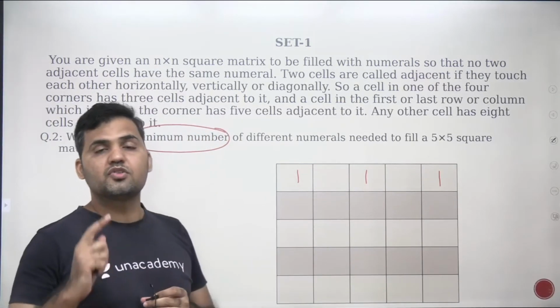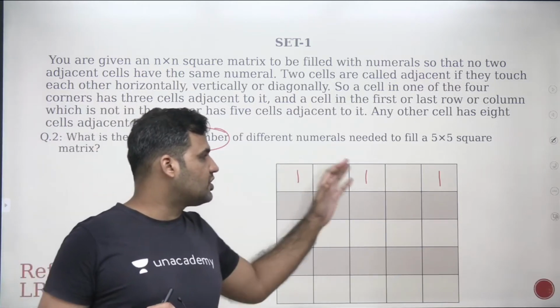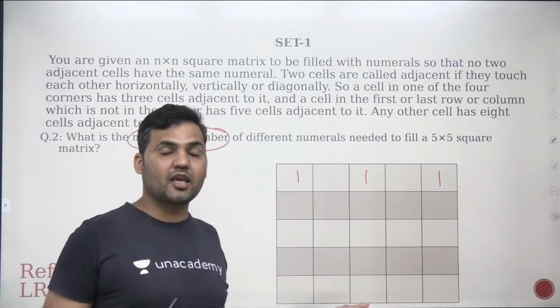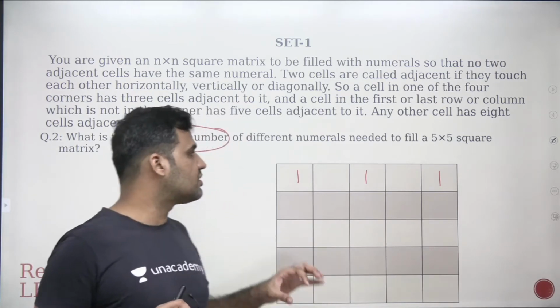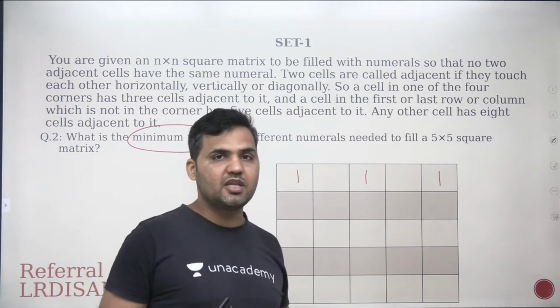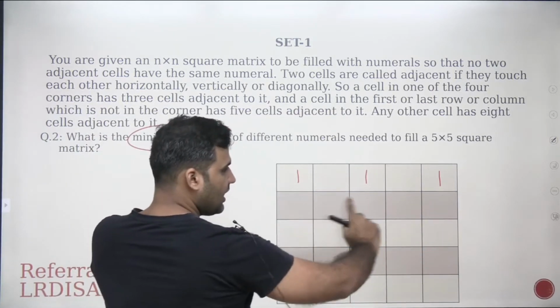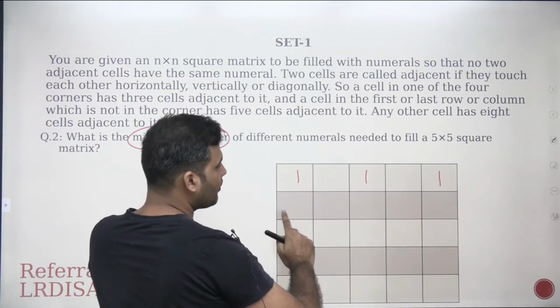You're supposed to use 1 as many times as possible, because when you use a digit the maximum possible number of times, the total number of digits that will be required to fill this 5 into 5 square matrix will get minimized, right? So can we use 1 in any cell in this second row? No. Why?